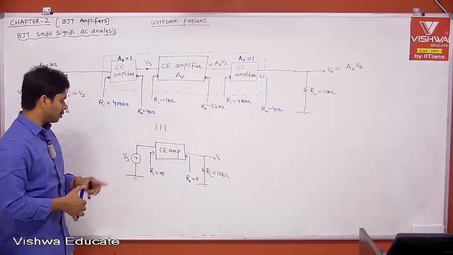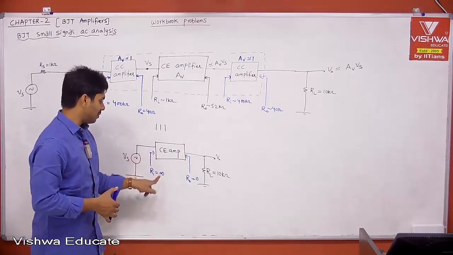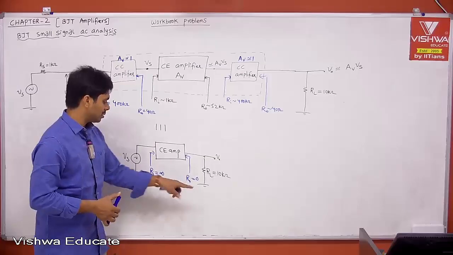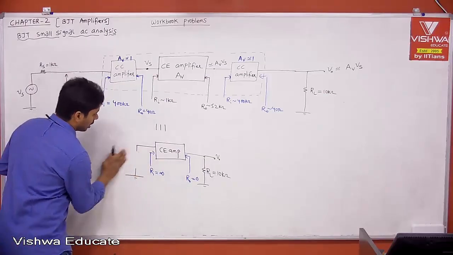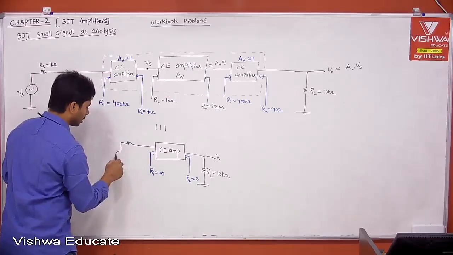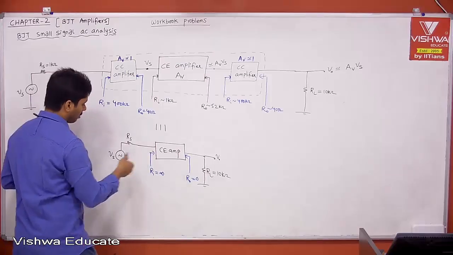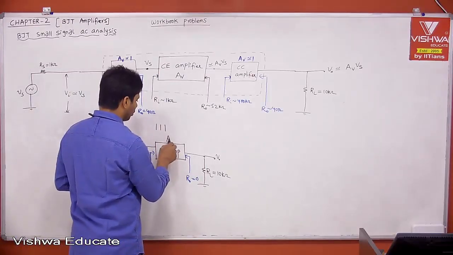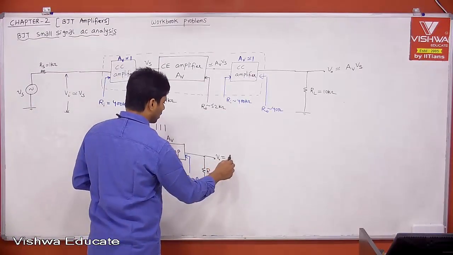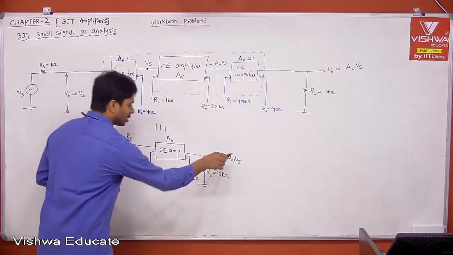Indirectly this is having infinity resistance. This is your VS and then RS. Therefore, whatever your V0 may be, and then the overall gain, if you say this is AV, V0 is equal to AV into VS only.